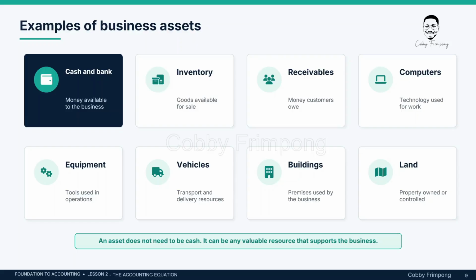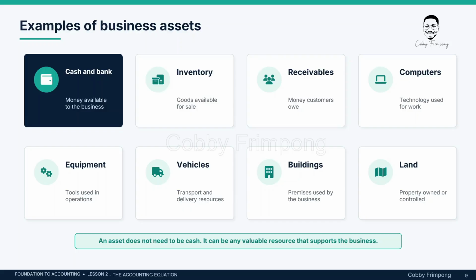A laptop used for work is an asset. Goods available for sale are assets. If customers bought goods on credit and have not yet paid, the amount owed is also an asset because the business expects to receive money in the future.